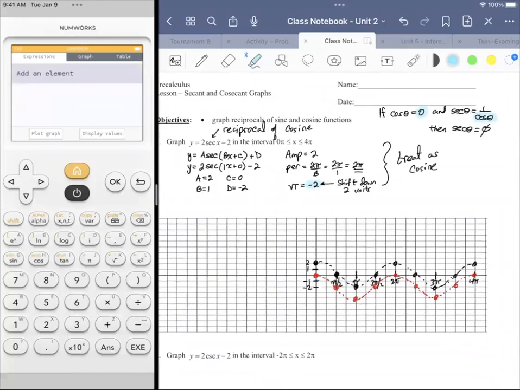I could type in y equals, I want 2 secant. To get secant, I mentioned this last time, but I'll say it again. Secant and cosecant: you're going to go to toolbox, trigonometry.